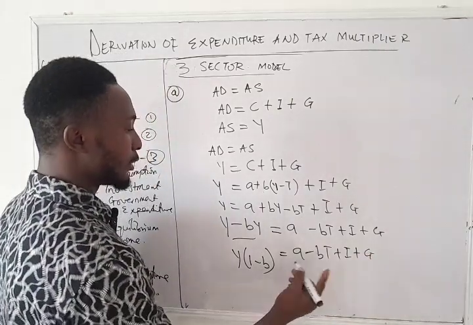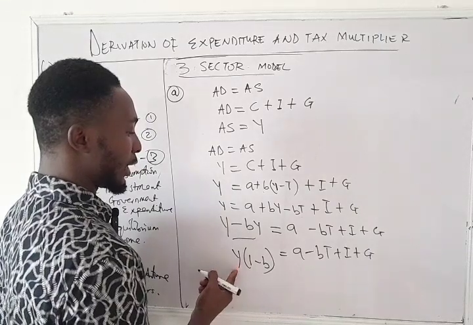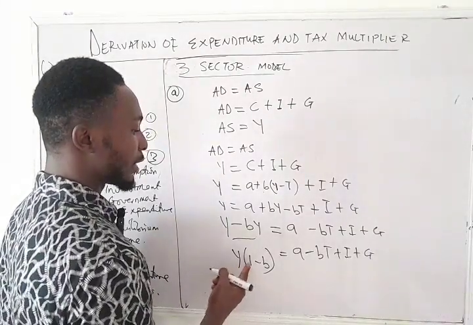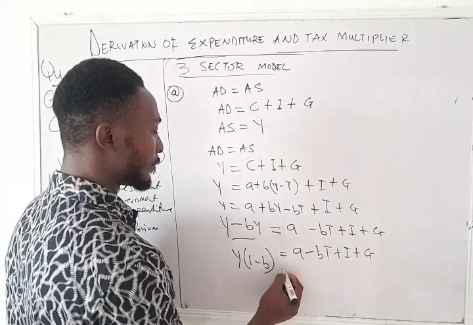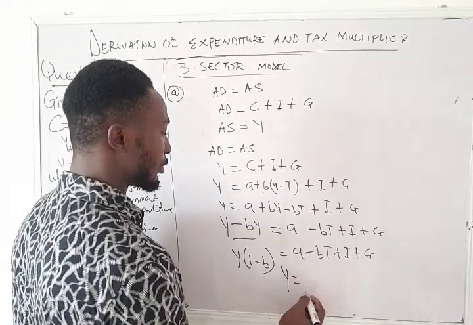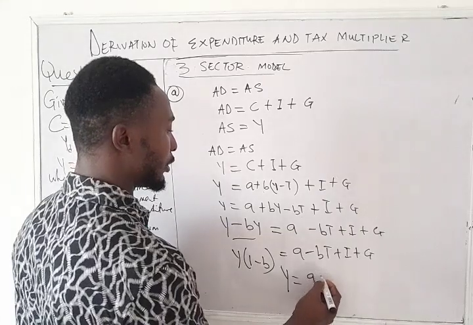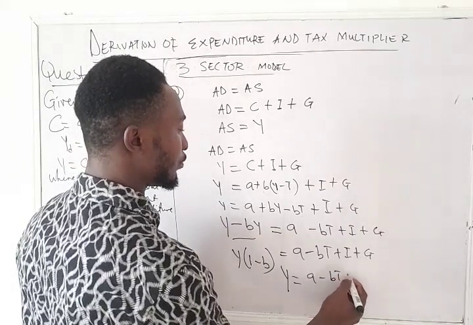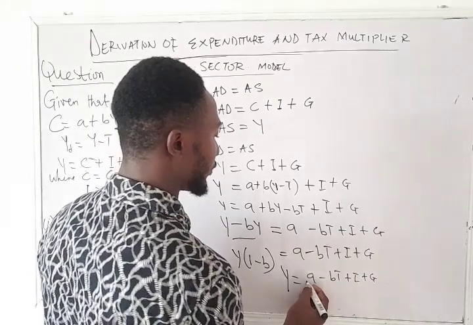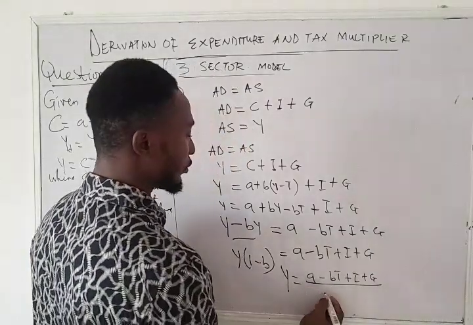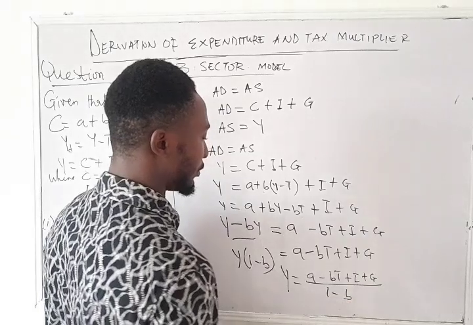If we divide both sides by 1 minus b to make Y the subject of the formula, we are going to have that Y is thus equal to A minus BT plus I plus G, divided by 1 minus b.